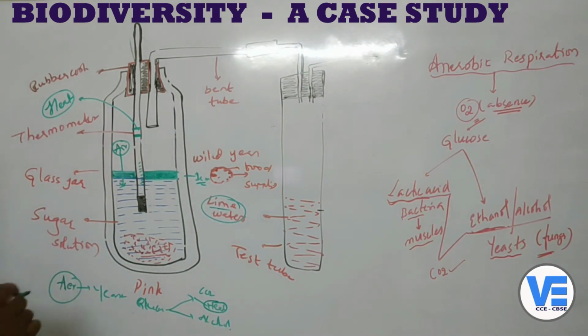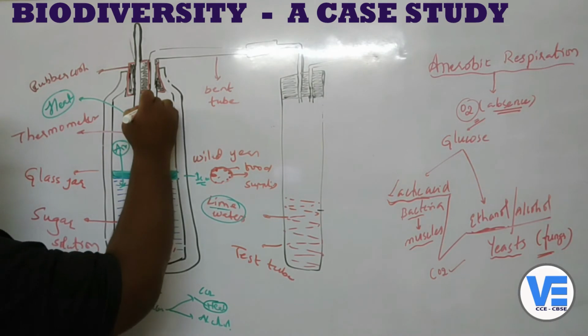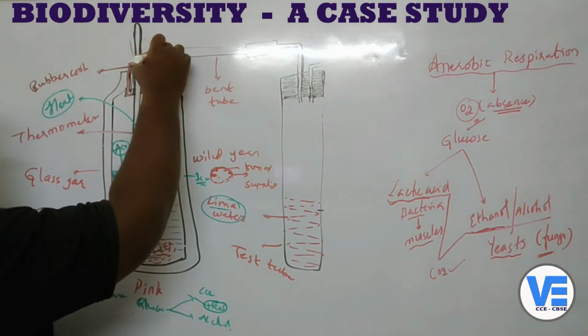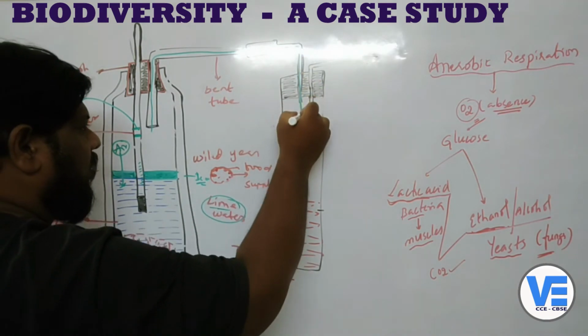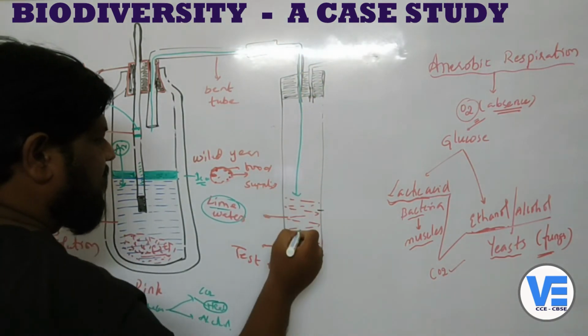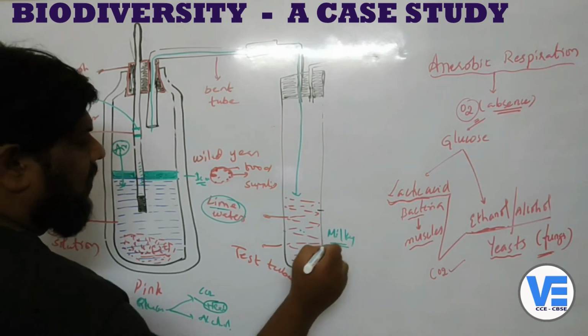And the second thing is that the gas coming out will go through this tube and enter the test tube, and convert the lime water into milky.